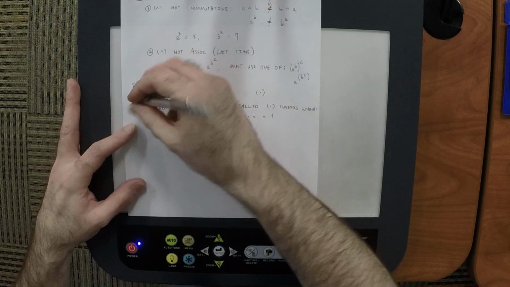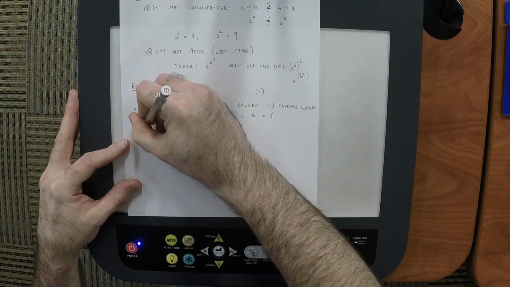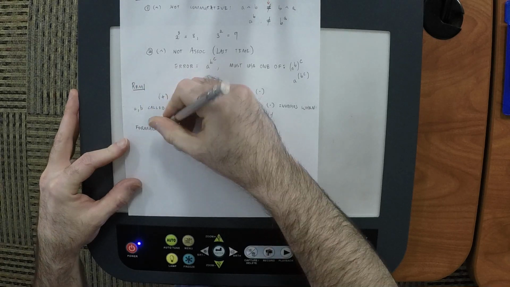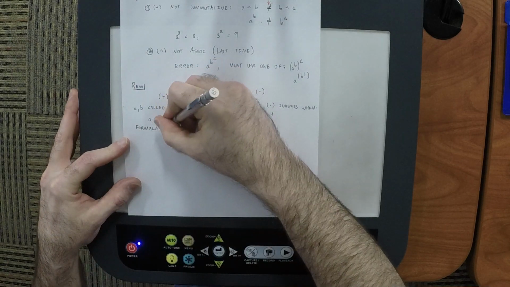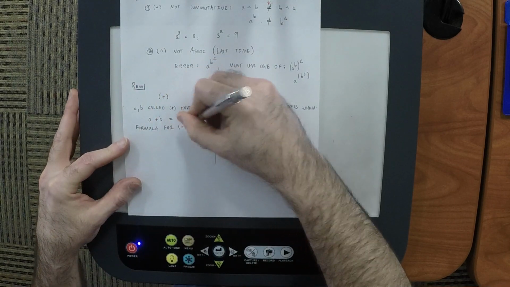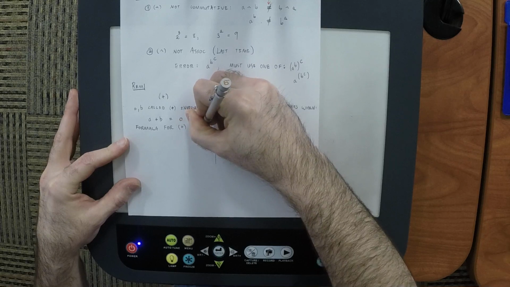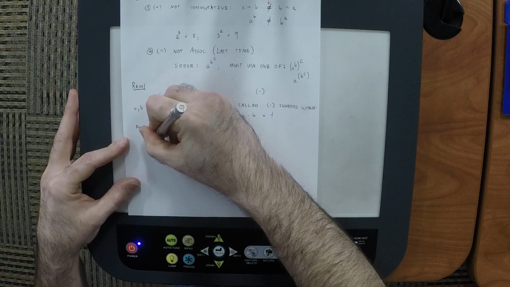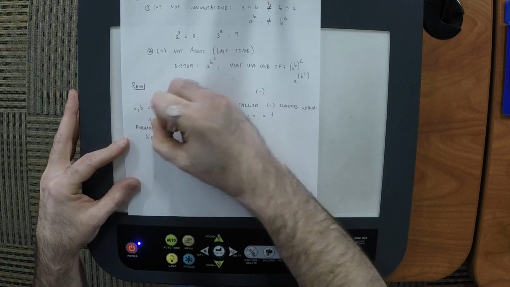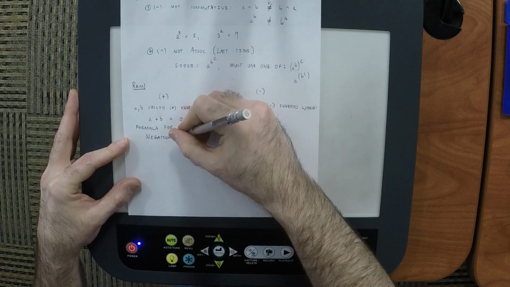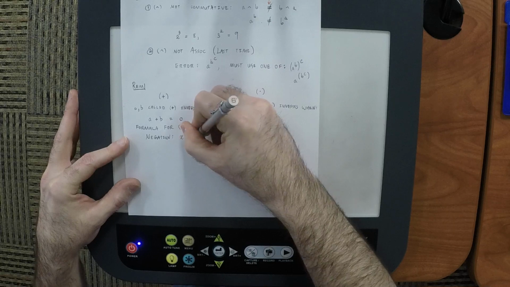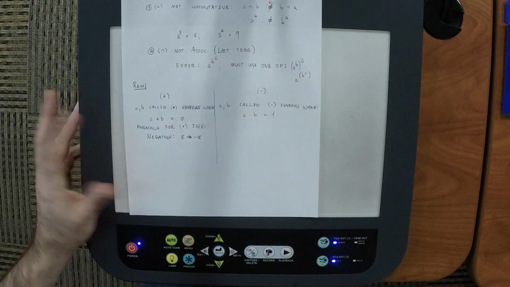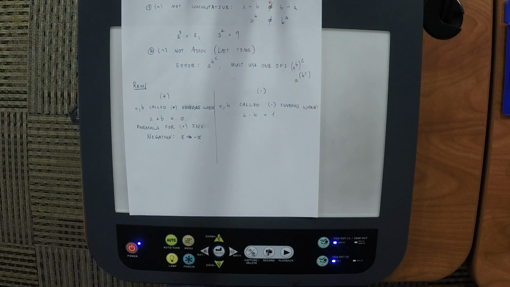To that end, now we have a formula. So the formula for additive inverse, its name is called negation. X becomes negative x. So the additive inverse of 5 is negative 5.